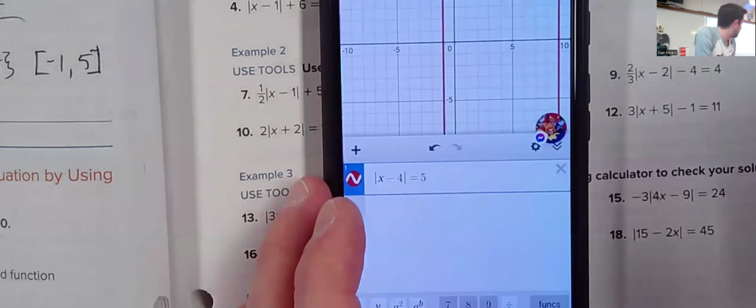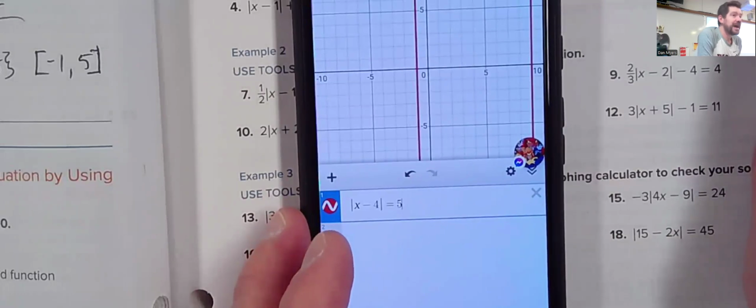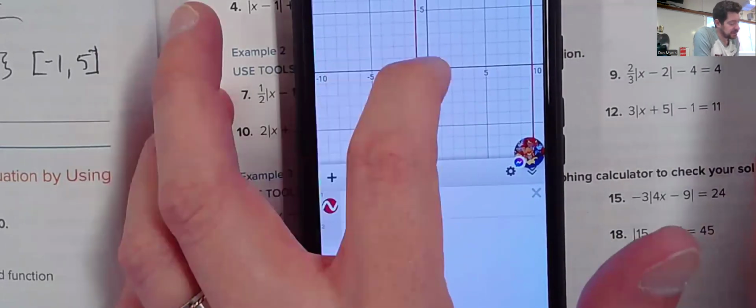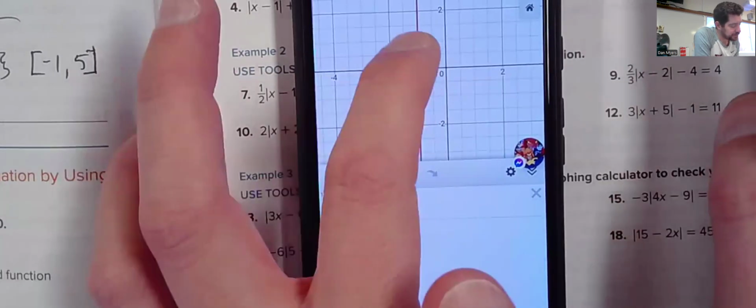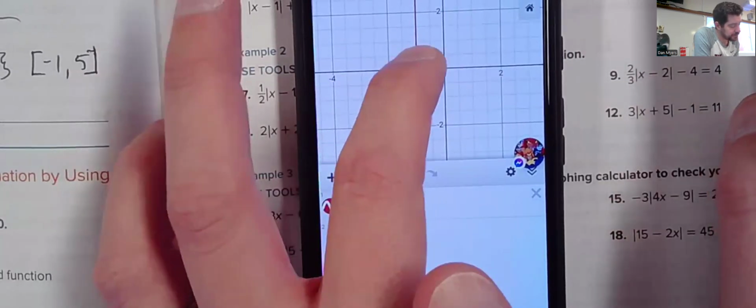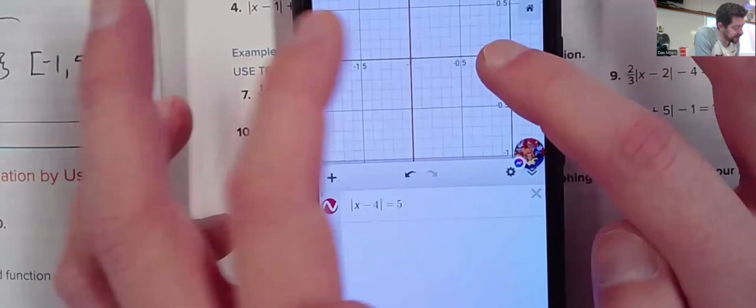Now, here's the nice thing about this: if you actually type in that equation, it'll give you a couple of vertical lines, which basically tells you where the intersections are on Desmos. So let's see if we can zoom in a little bit. And so we got an answer here of -1.